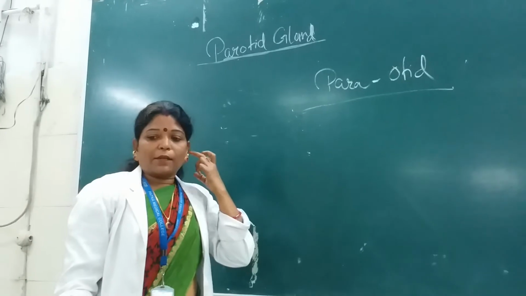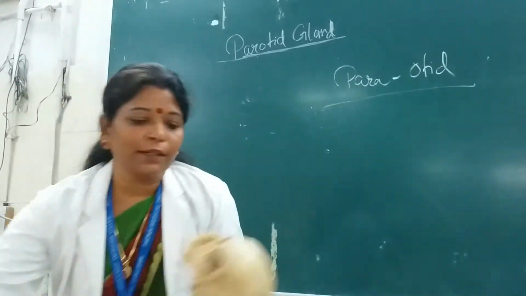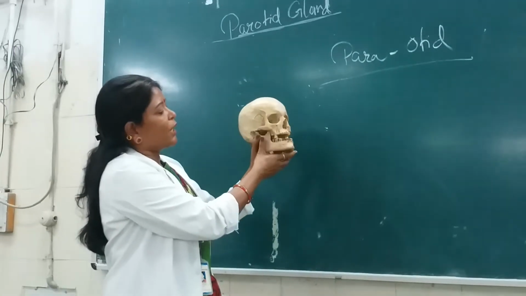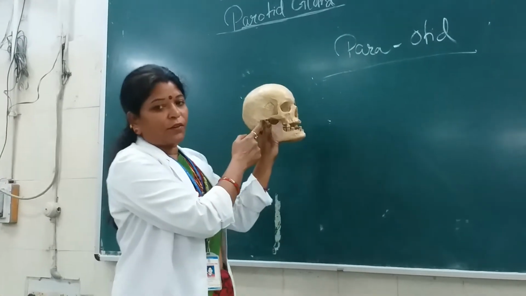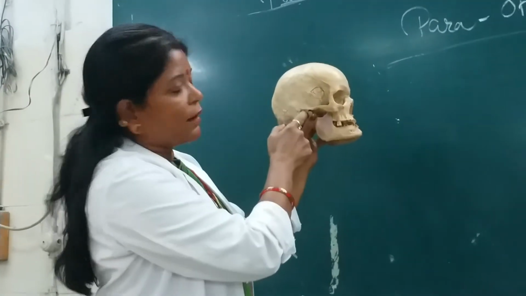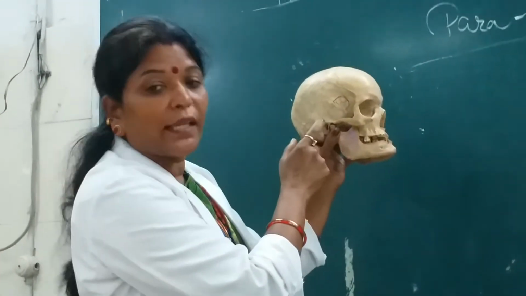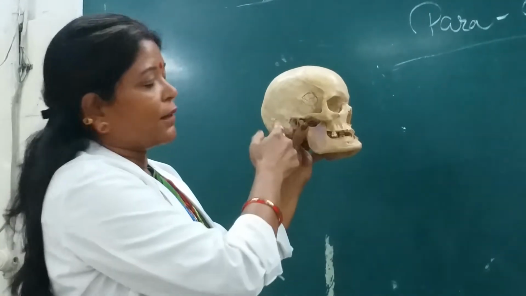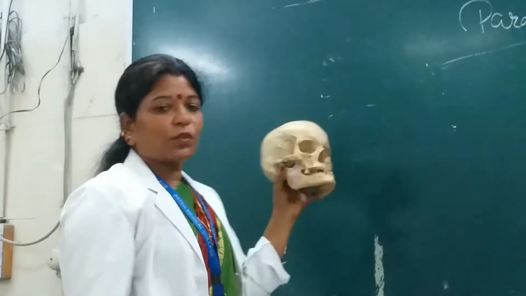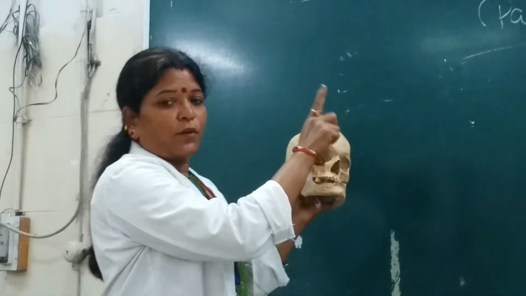Para-otid, that means just around the external auditory meatus. So the parotid gland is situated here around the external auditory meatus, and that's why it is known as the parotid gland.